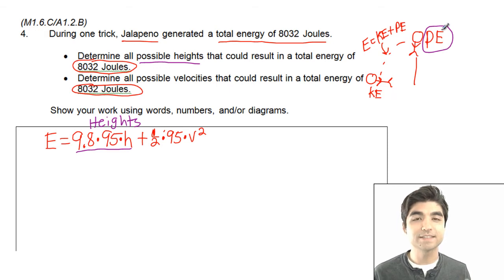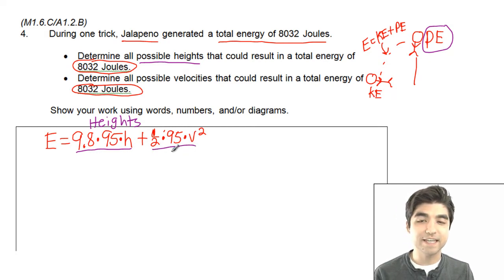If PE has all the energy, then all this kinetic energy part right here is canceled out, right? He doesn't have any velocity right now, so that's canceled out.